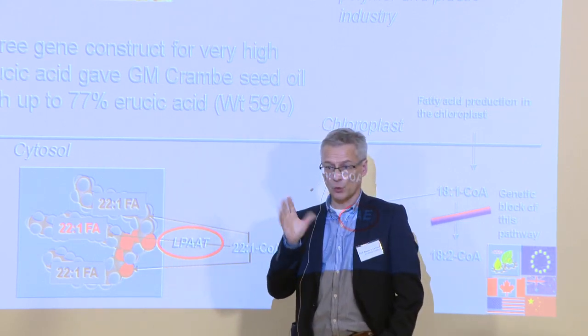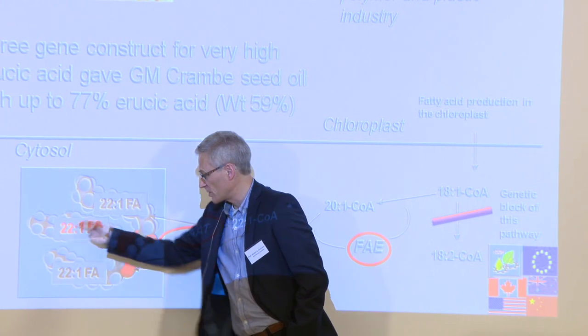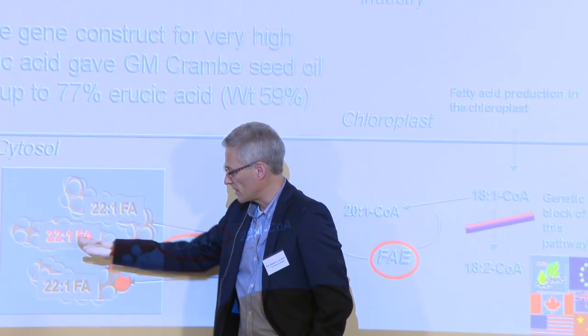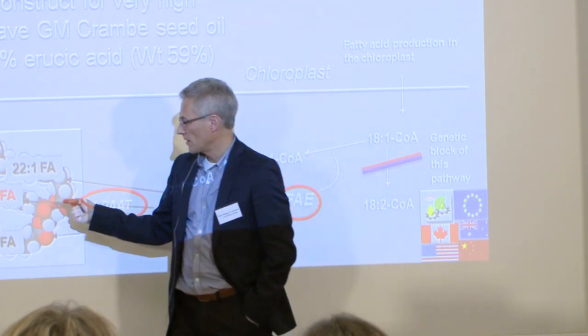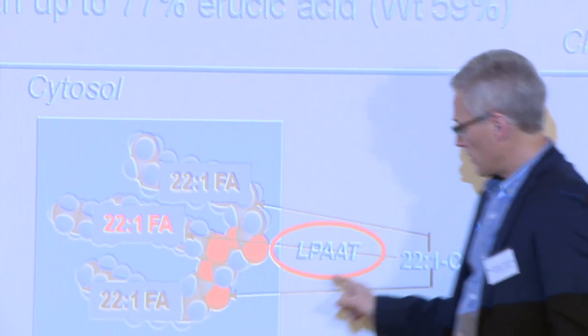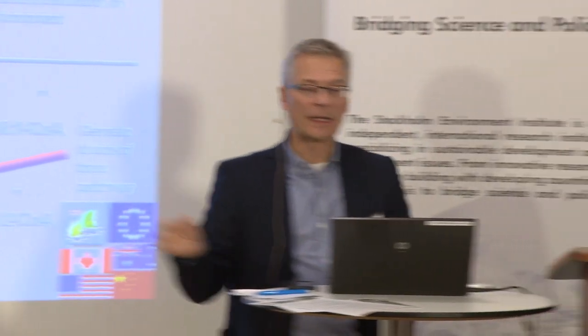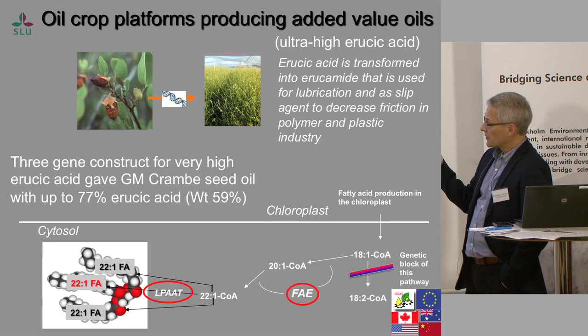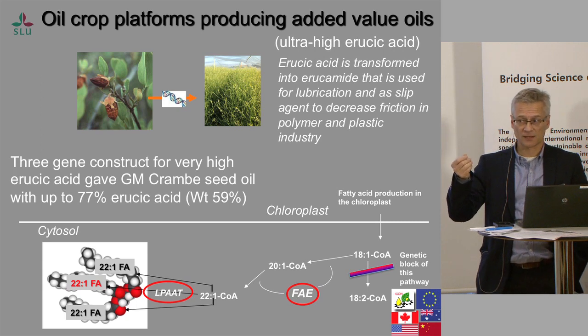In the normal cranberry, you don't have on this position any erucic acid because cranberry lacks the enzyme that can put the erucic acid on the second position. This enzyme, which was taken from another plant, can do that. So at present, they have cranberry that has up to 77% erucic acid.